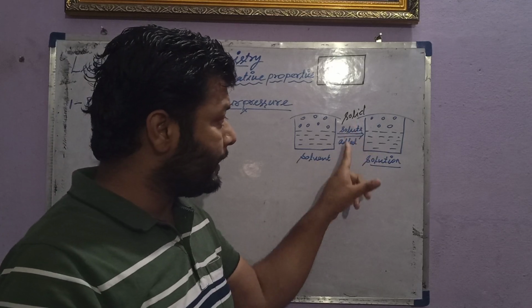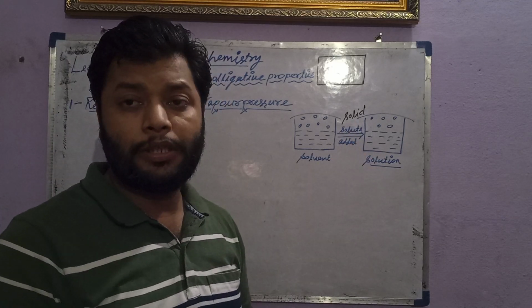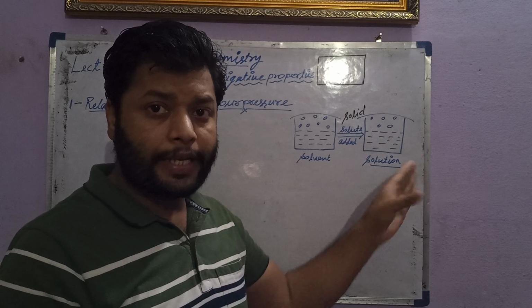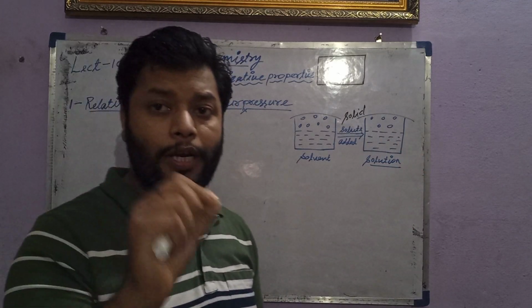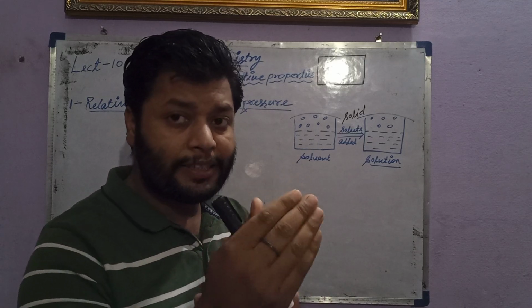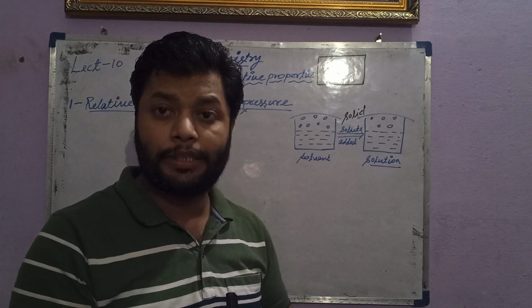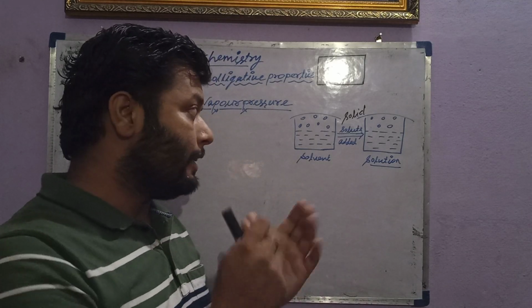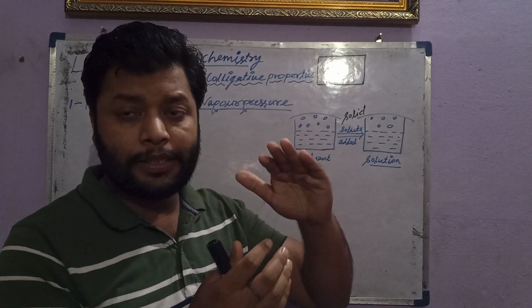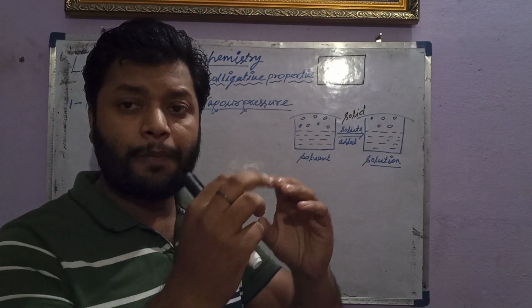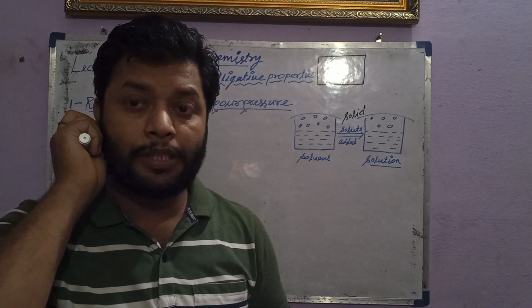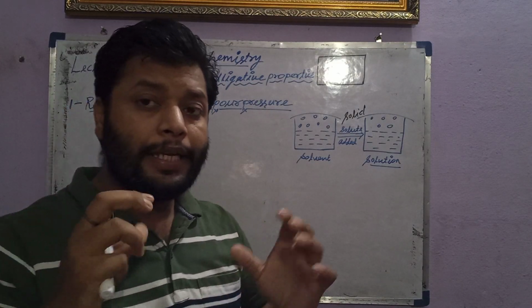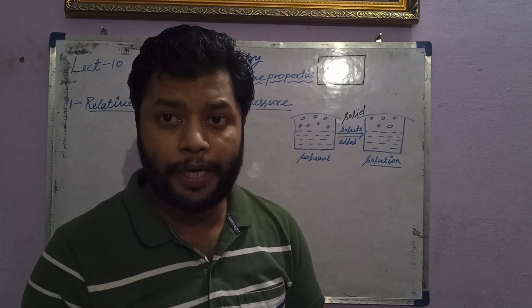But when we add a solid solute to the solvent to make a solution, that non-volatile solid solute doesn't participate in the vaporization process, and that's why the observed vapor pressure decreases, because of the interference of the solute particles.